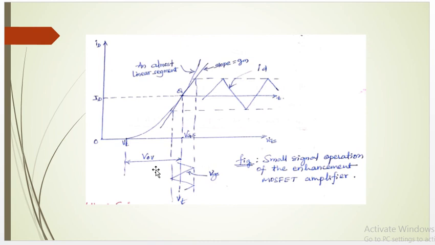One more very important observation: if you observe the graph, VGS acts as a reference line, and there will be variations. The maximum variation of the input signal vgs, from this reference point, is VGS minus VT, the peak value. If you take it on either side, it is 2 times VGS minus VT.